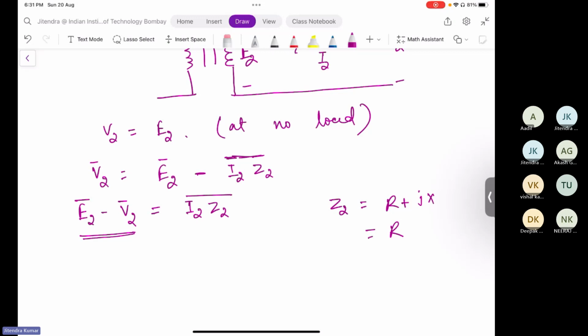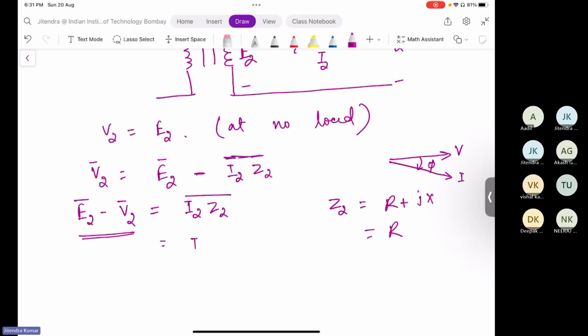in terms of V. Let us suppose this is the voltage and this is current lagging. This is voltage, this is current lagging, and this is the power factor angle. So it means I2 has some angle lagging to the voltage.